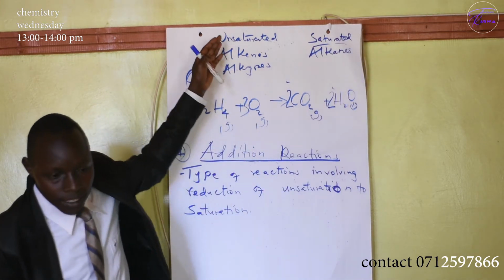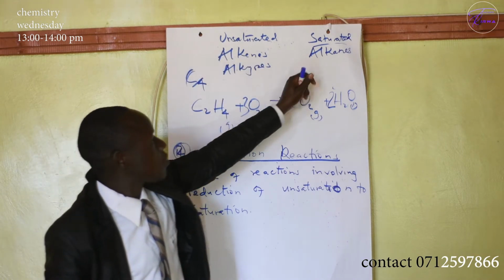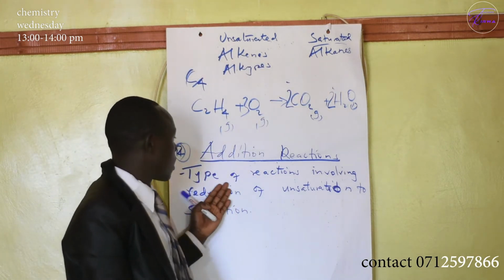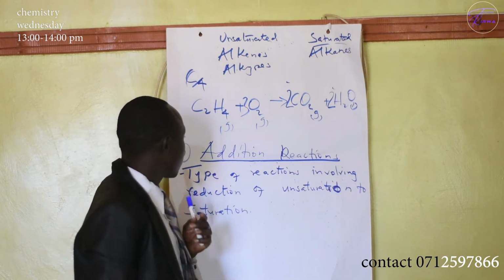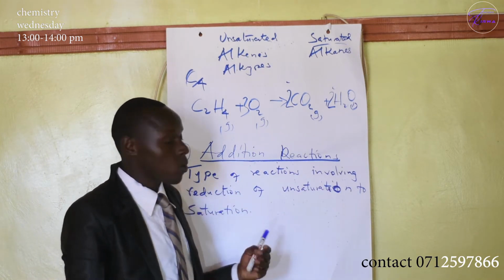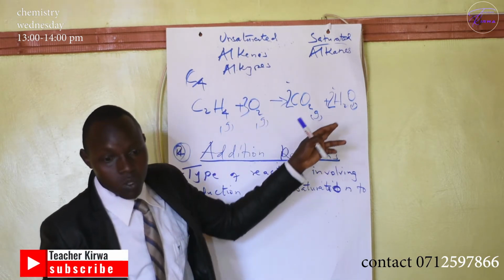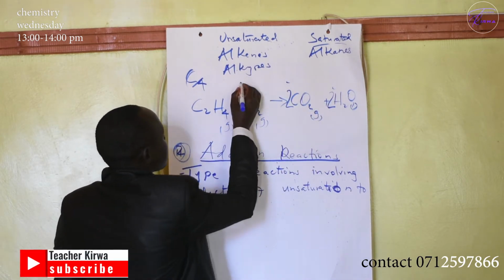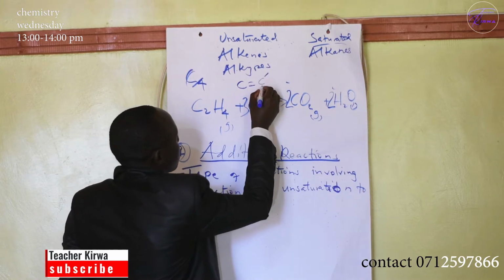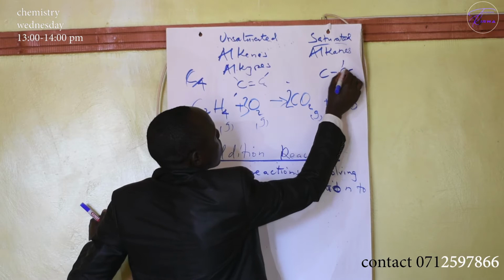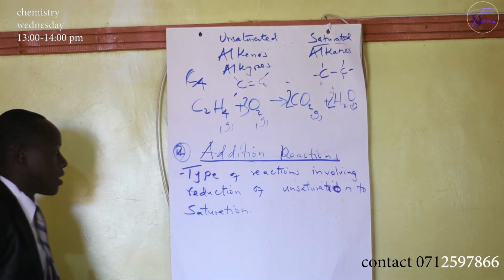So these are unsaturated hydrocarbons. This one is saturated hydrocarbons. So when we say reduction of unsaturation, it means these are reactions where double bond or triple bond is reduced to single bond. If it is ethene like that, then it is reduced to single bonds like that, as we shall see.